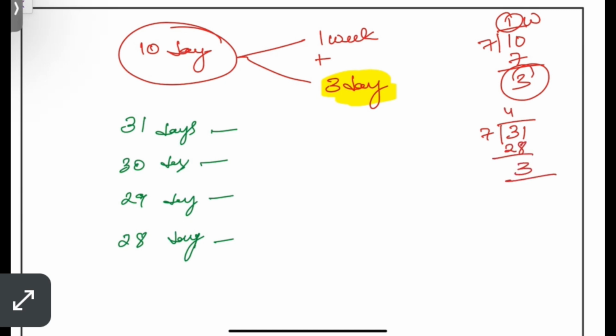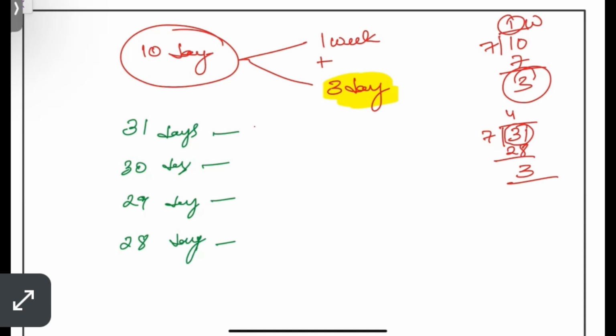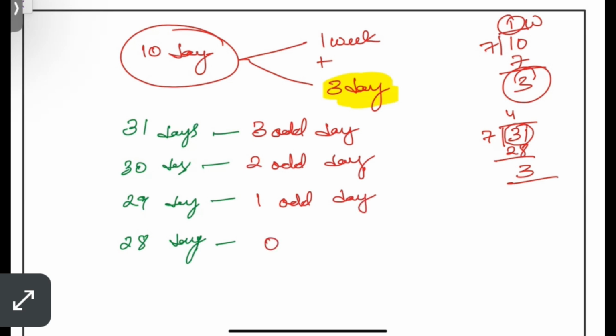So in a 31-day month we will have 3 odd days, in 30 days you will have 2 odd days, in 29 days you will have 1 odd day, and in 28 days you'll have 0 odd days. Why? Because 28 is completely divisible by 7; 7 fours are 28.